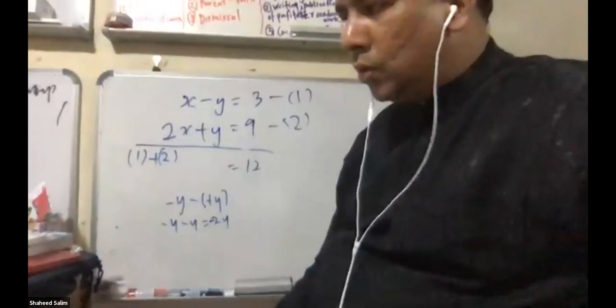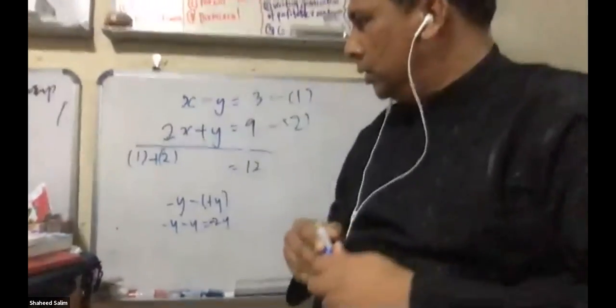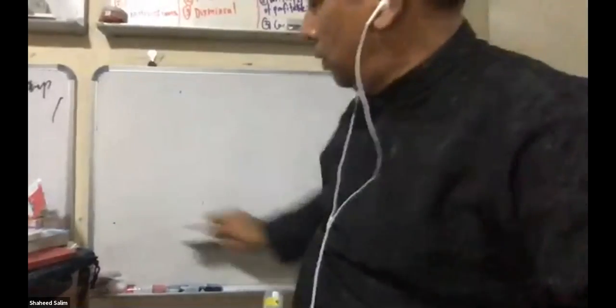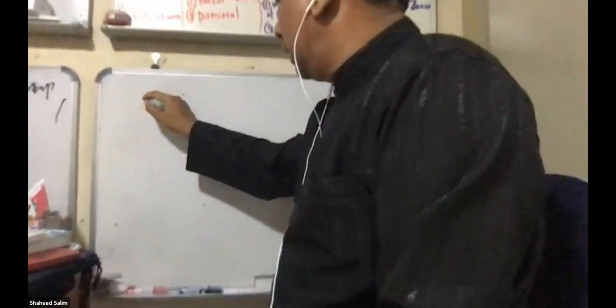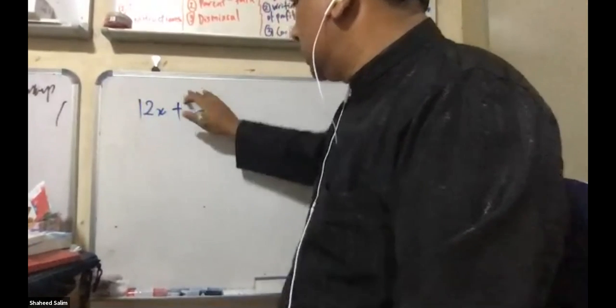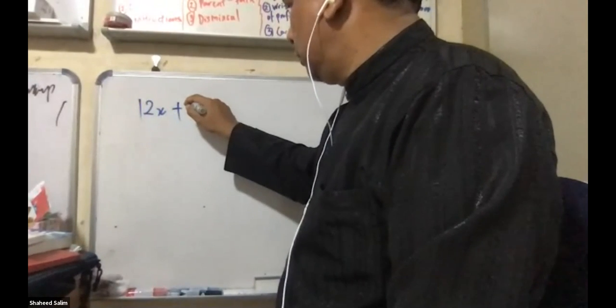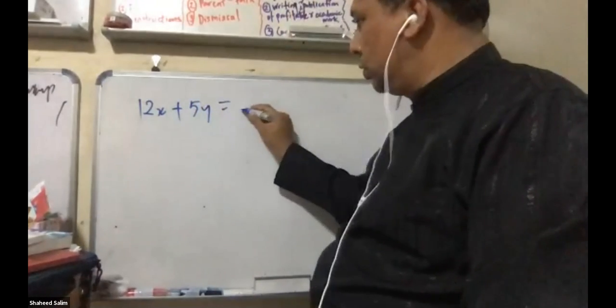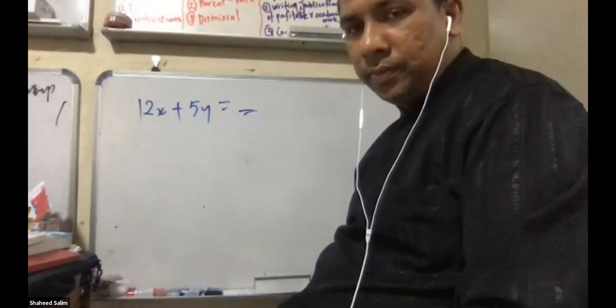Okay, so let us do this one. You understand what I'm saying? Okay, so now let's say LCM. I will give you a question now. Let's say 12x plus 5y, something like this, equals to, something like that?